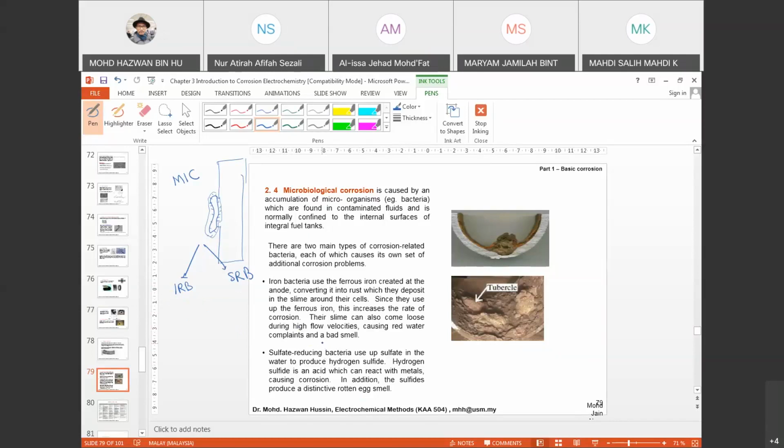In fact, MIC can always happen in a pipeline, because a pipeline that transports water normally still uses metal pipe. If you cut through it, you will see that it can form tubercles like this. The tubercle is basically the deposit resulting from the reaction between the bacteria and the metals.